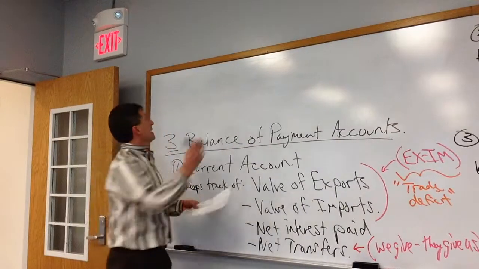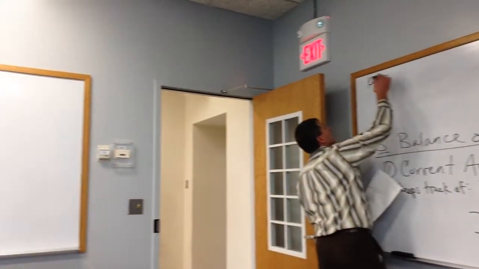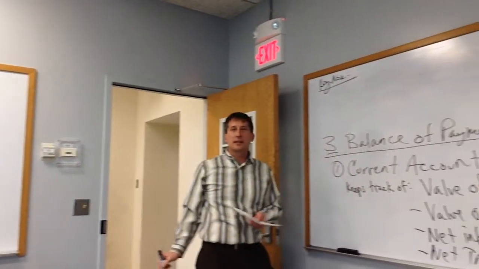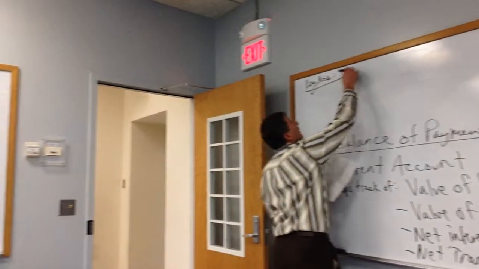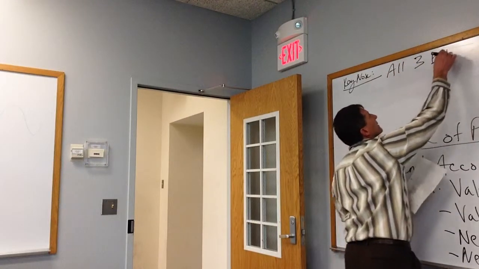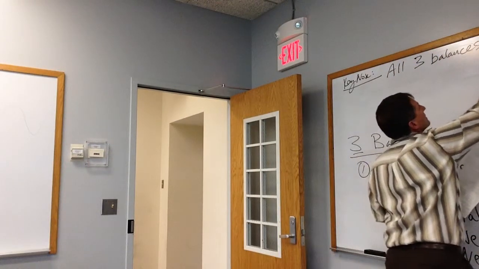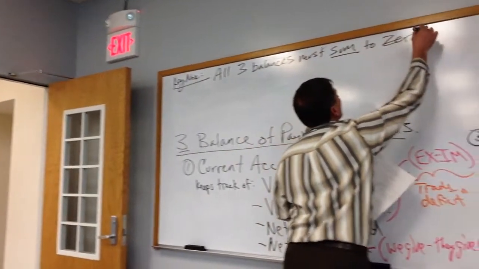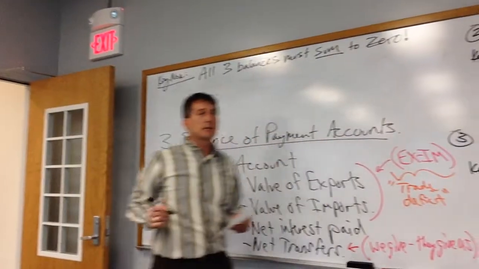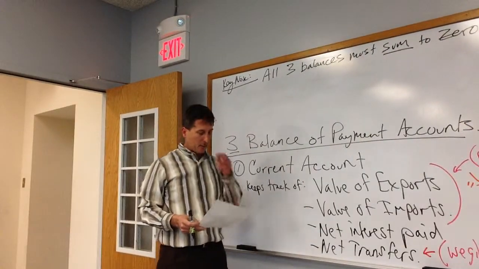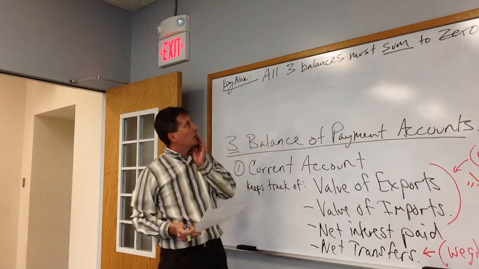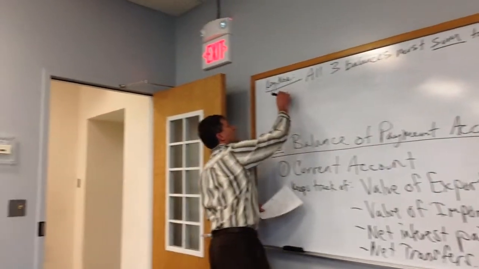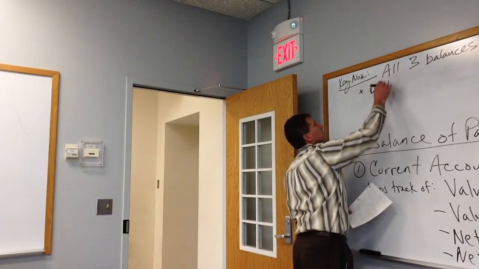All right, here's the key thing. This is the big key, the keynote here. All three of these balances must sum to 0. So that's one of the key parts of this whole exercise, that all three balances must sum to 0. So this is kind of in accounting, you know, debits equal credits.